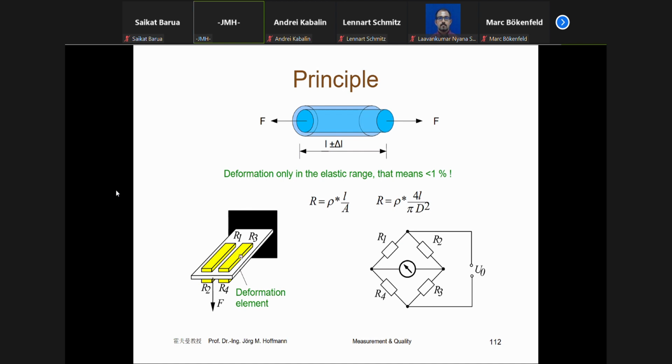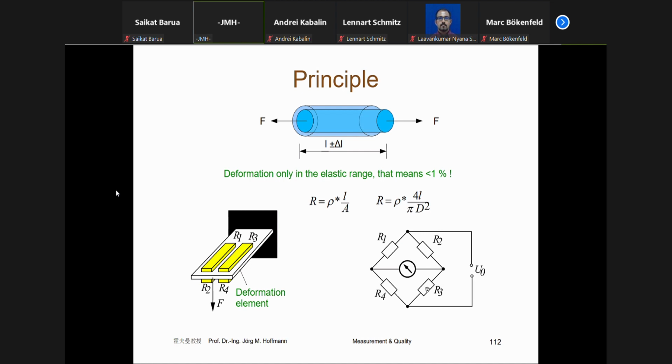That means these two are longer, these two are shorter, but the temperature has the same influence on all the strain gauges. And in a bridge, when all strain gauges go up, you have from this influence no influence. For example, the strain gauges increase all in the same way. Therefore, it is eliminated.